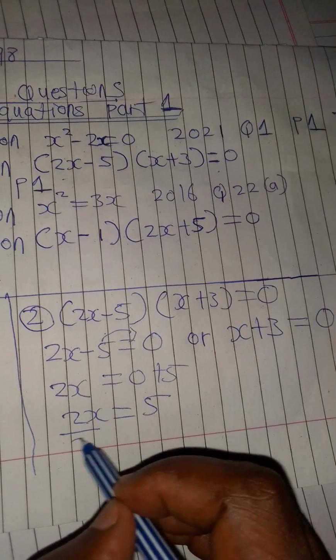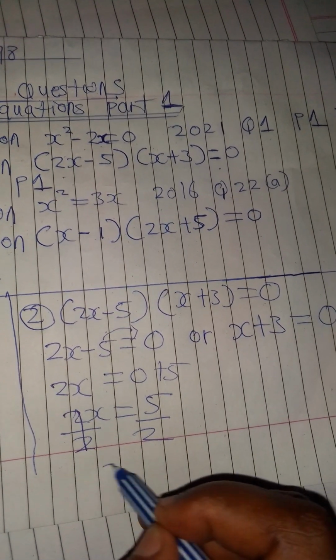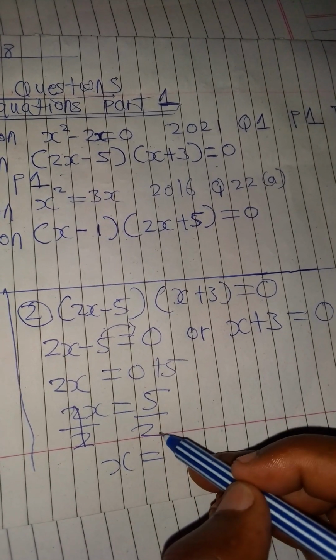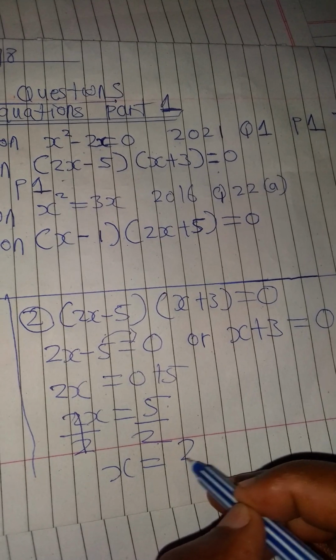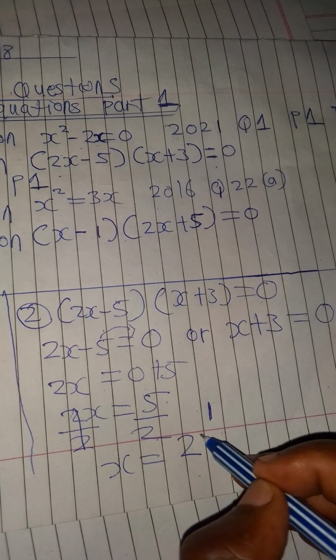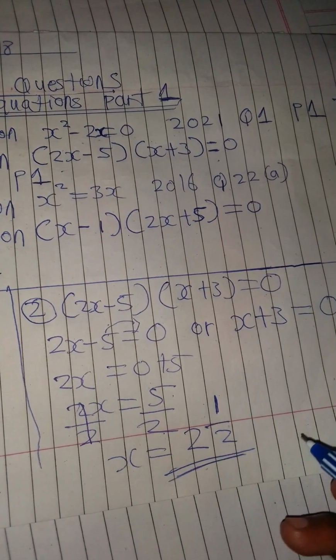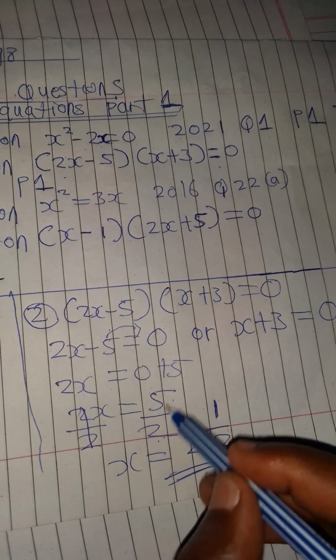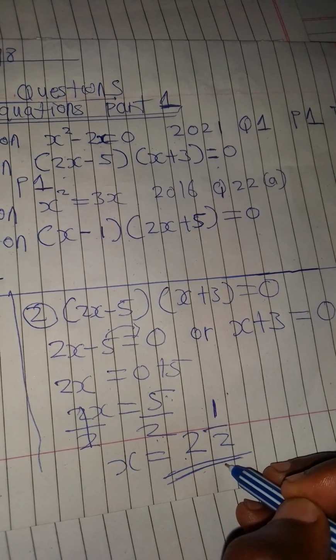So we say over 2, over 2. We cancel. Then our x equals 5 over 2. 2 goes into 5 two times, remainder 1 over 2. So that's the answer, 2 and 1 over 2.